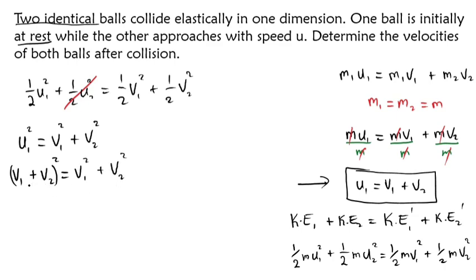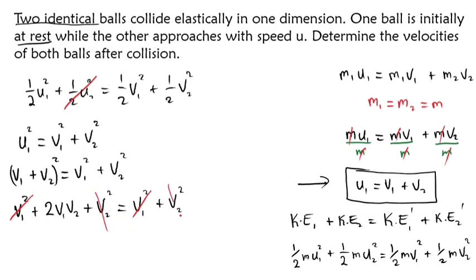If we solve this by first expanding the left hand side, the expansion will be v1 squared plus 2 v1 v2 plus v2 squared. All this is equal to v1 squared plus v2 squared. So this and this can cancel out, because if one crosses the equal sign, they'll just cancel out.